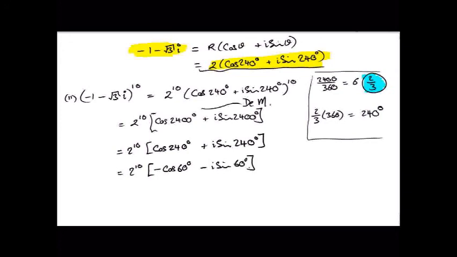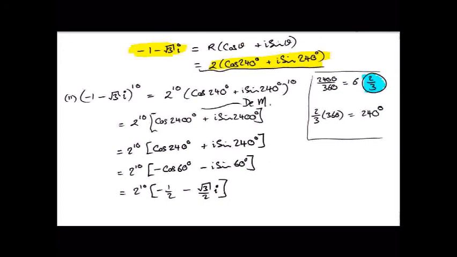So this is good practice for trigonometry really, isn't it? Do you all understand why they're minus? We're in tan's quadrant now, aren't we? We're not in the quadrant of sine or cos. So that's 2 to the power of 10 into minus a half minus root 3 over 2 i, because cos of 60 is a half, the sine of 60 is root 3 over 2.